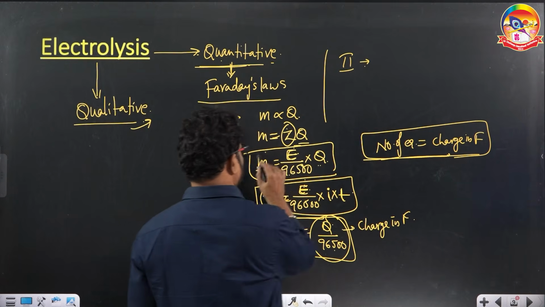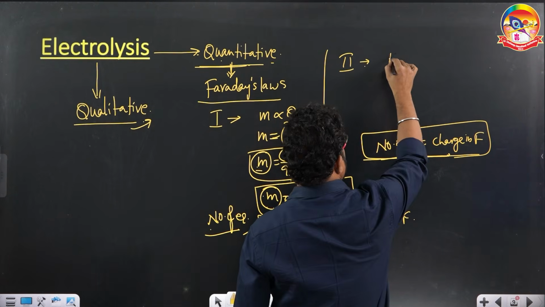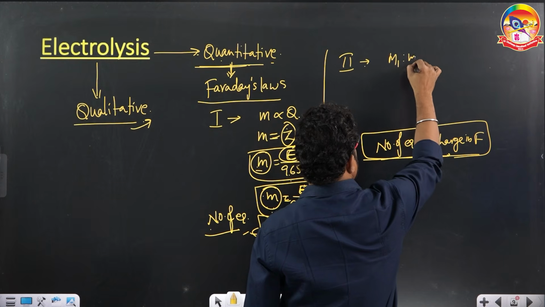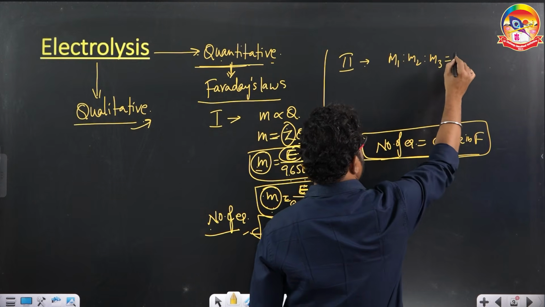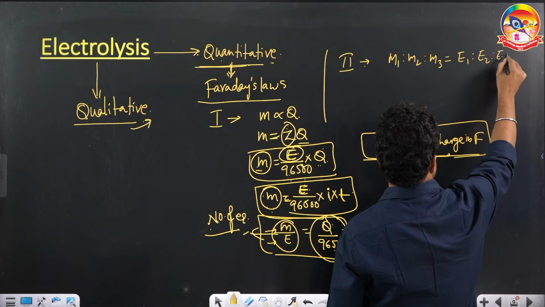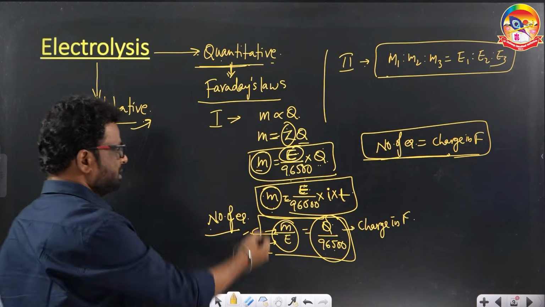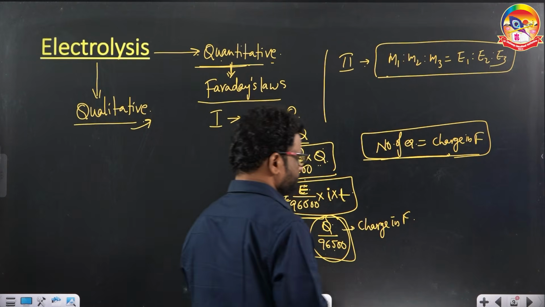That means M is proportional to E when Q is constant. From this you get M1 is to M2 is to M3 equal to E1 is to E2 is to E3. This is the mathematical form for Faraday's second law. Let us solve some questions related to each of them.